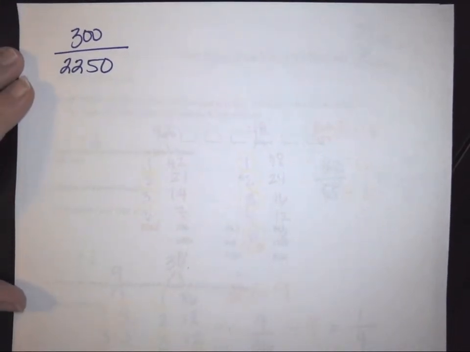Now those seem like some awfully big factor trees. So before I get to my factor tree, I'm going to take a look at my numbers, and what do I notice? Well, I notice both my top and my bottom end in a 0. And I have a divisibility test that covers that.